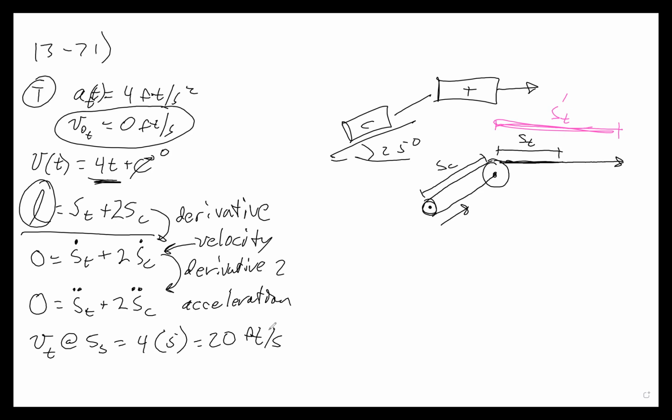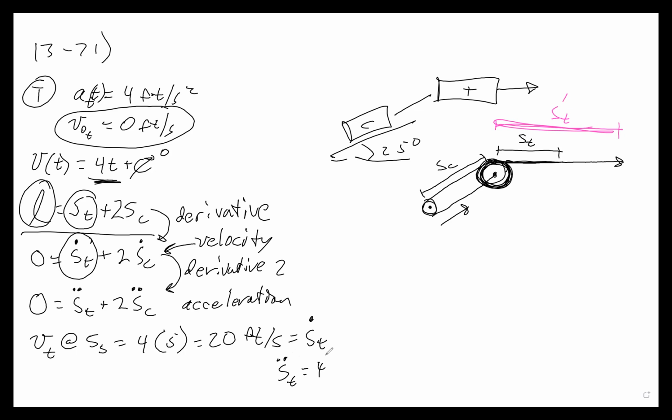Hope you're following that. We also know that the length of the truck's cable is the distance that the truck is from the main spool, this spool over here on the right. The derivative of that distance is the truck's velocity. So 20 feet per second is equal to S sub t dot. Now S sub t double dot, we already know, is the acceleration, so 4.